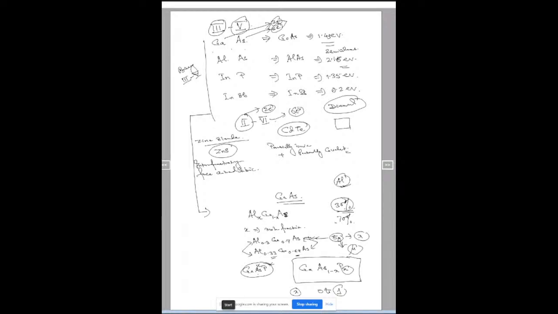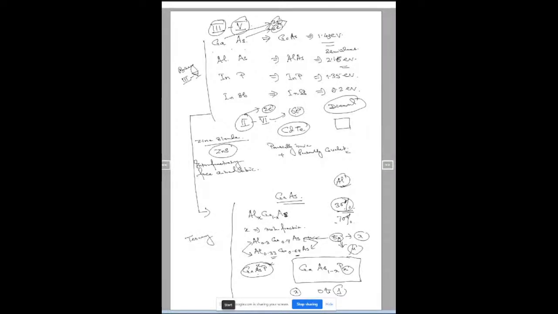Now I can play with this x value and change all the properties of the material. So I can design a material so that what I expect from the device can be achieved. This is a huge flexibility we have today. Okay, so this is compound semiconductor. Since it involves 3 elements, it is called a ternary 3-5 semiconductor.